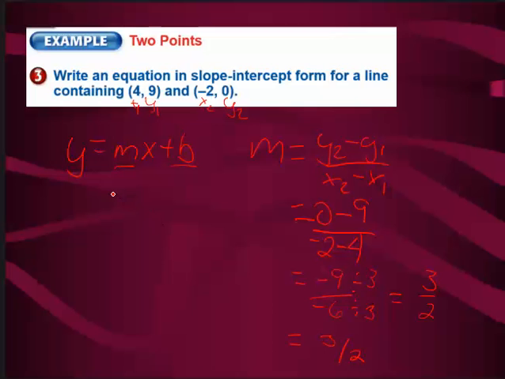So I can go up here and I can now plug in 3 halves. Remember, the x and the y stay in the equation. So now, how do I find this y-intercept? How would I find the y-intercept? Think about it.